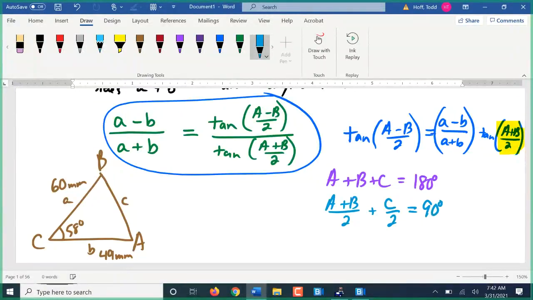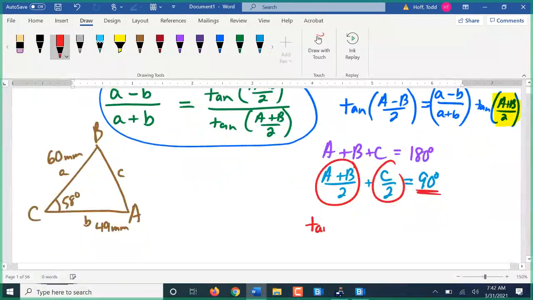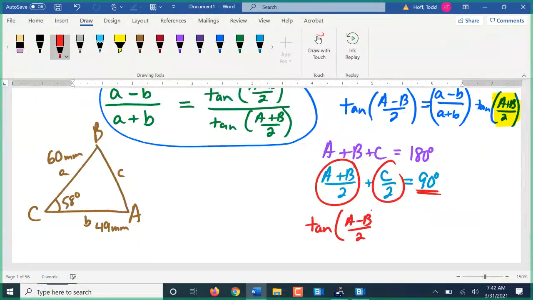If they add up to 90, that means they're complements, right? So I can replace the tangent of (a plus b) over 2 with the cotangent of c over 2. Tangent of (a minus b) over 2 equals side a minus side b over side a plus side b, times the cotangent of c over 2.